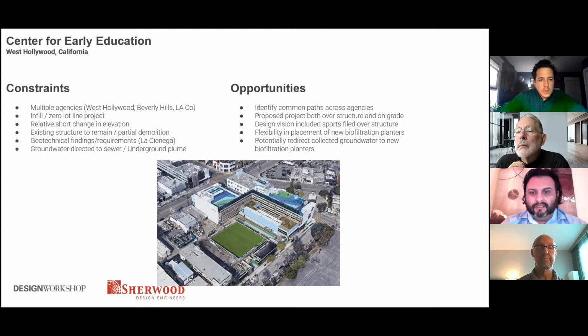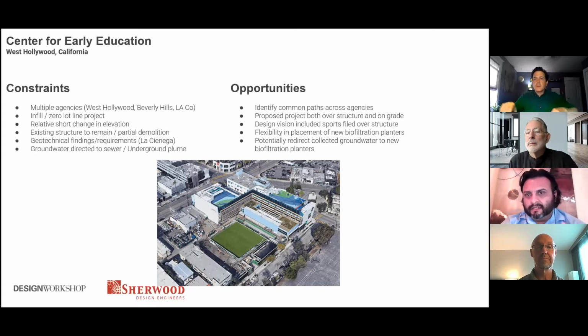And so you can imagine a very spongy layer of soil with water that surfaces to the top, and so groundwater was certainly a challenge in this project. And so how do we turn those constraints into opportunities? We began to look at identifying common pathways across all 2 or 3 agencies.